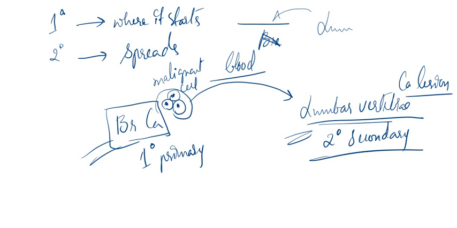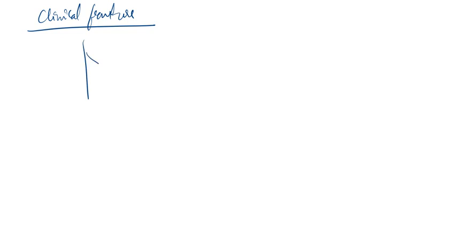Okay. Now coming to the clinical features of breast cancer, we will just look into some clinical features. Now what is the most common presentation in case of breast cancer? Obviously it will be some sort of a lump.